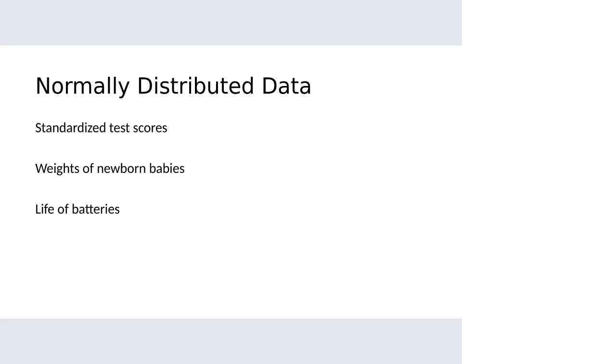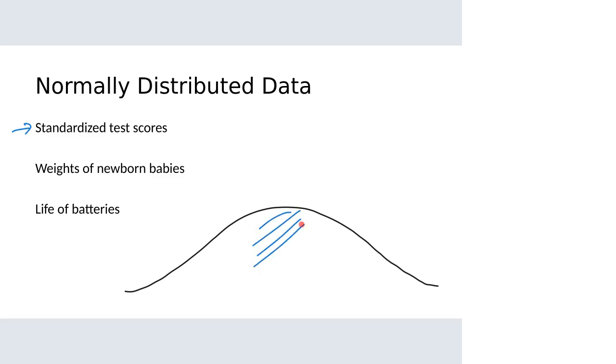So what kind of data would make a normal curve? We're looking for something that makes a shape that looks like that. Well, one of the things would be standardized test scores. When we give a standardized test, what we expect is most of the scores are going to be right here in the middle.